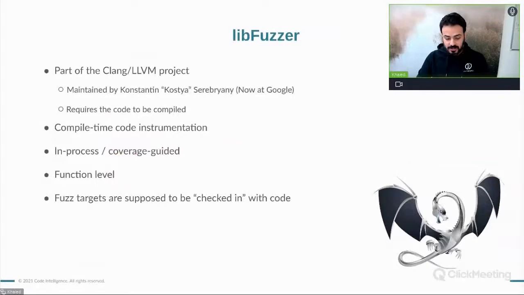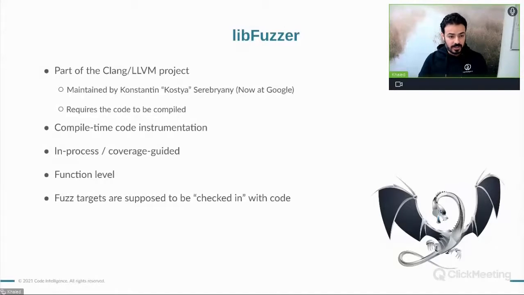Okay, so let's get to the practical part. We'll see a few examples shortly, and for these examples we'll be using libFuzzer. libFuzzer is a coverage guided fuzzer that is part of the Clang and LLVM project, and it's developed by Kostya, who is currently at Google.